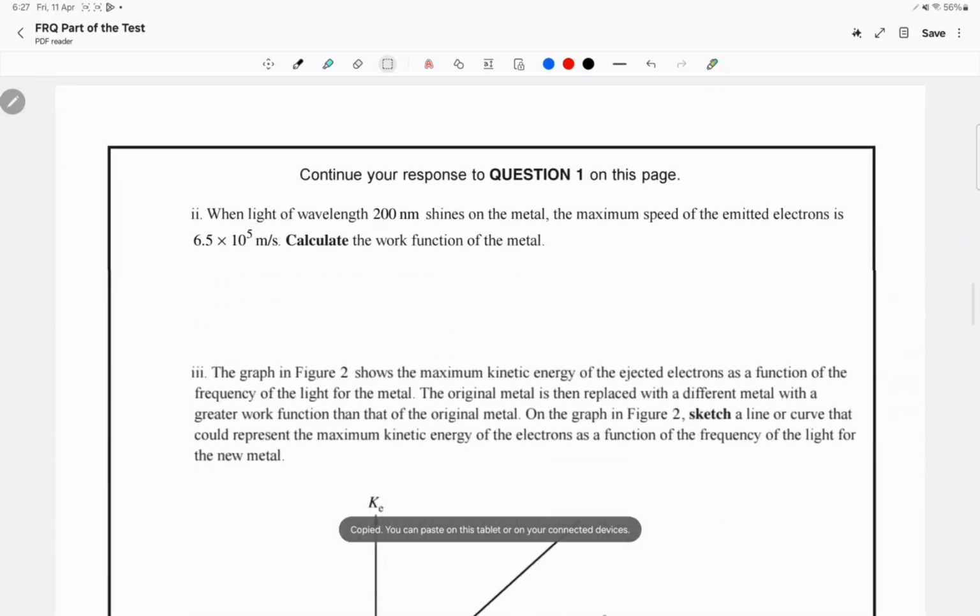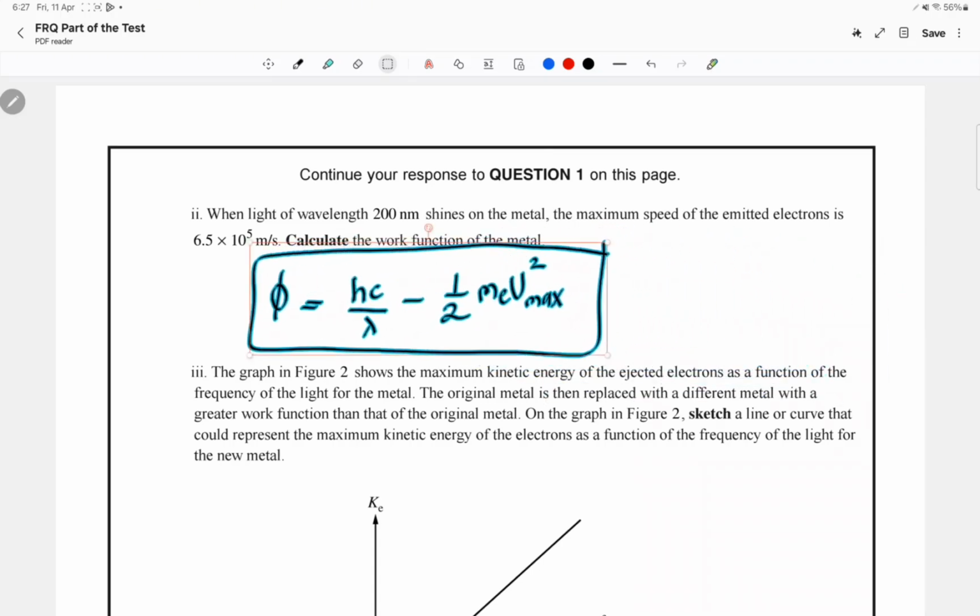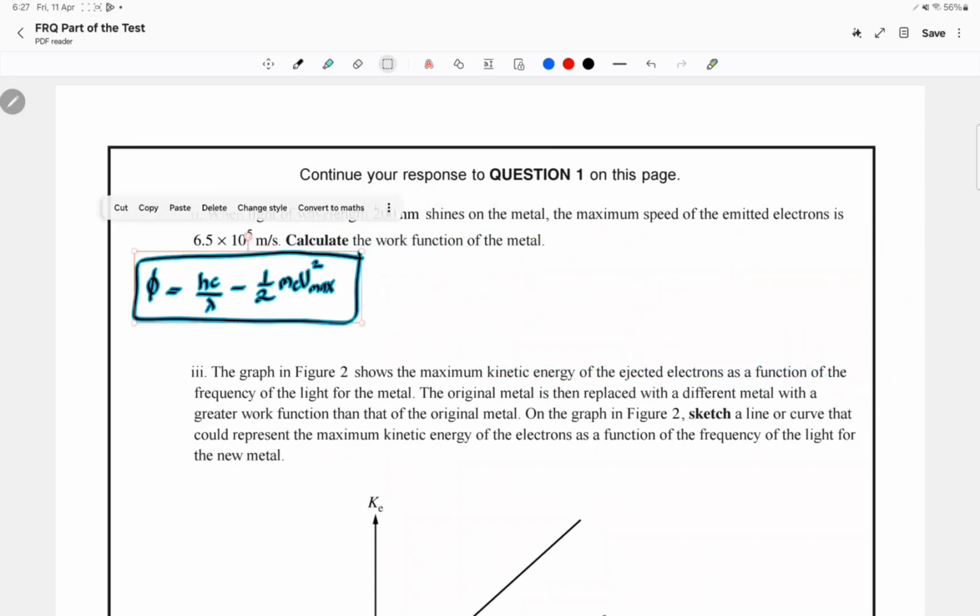Okay. Now, it says when the light has a wavelength of this much, the speed is this much, find the work function. So I'll apply the equation again to find the work function. The work function is equal to, h is just Planck's constant, which you guys should know is 6.63 times 10 to the power of negative 34. It's found on the first page of your reference sheet.